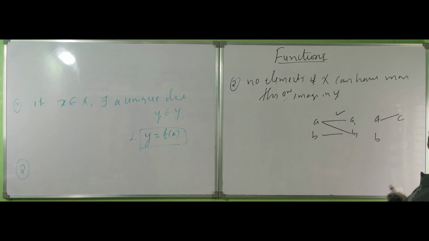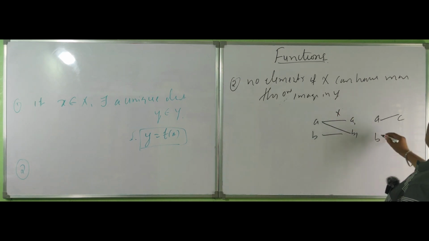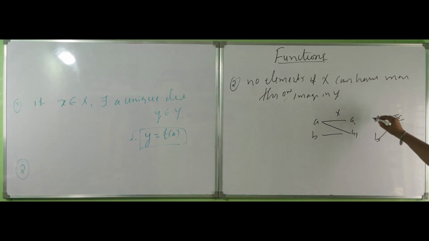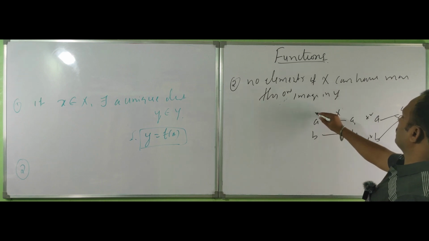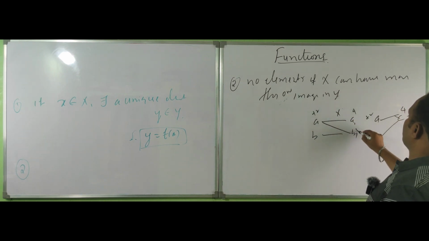No elements of X can have more than one image in Y. This is not possible, but this may be possible. Two elements of X can have the same image, because plus 2 and minus 2 both become 4. But here plus 2 cannot become both 4 and 5.